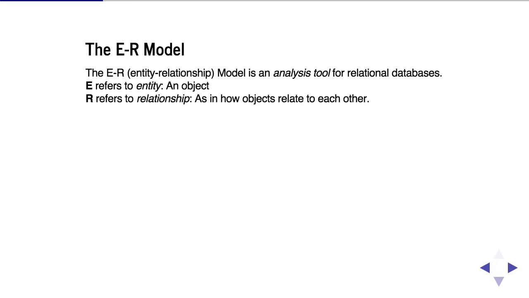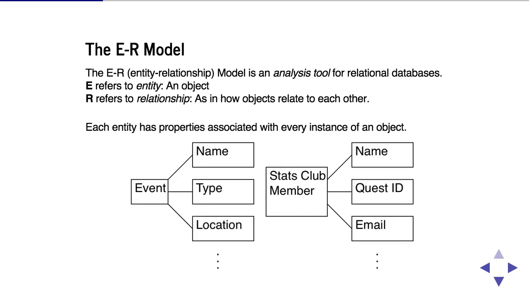Like for instance, I'm going to show you later on one for us, and that identifies what a stats club does. Every event can have a name, a type, like social or educational, and a location. Stats club members have a name, Quest ID, and email.